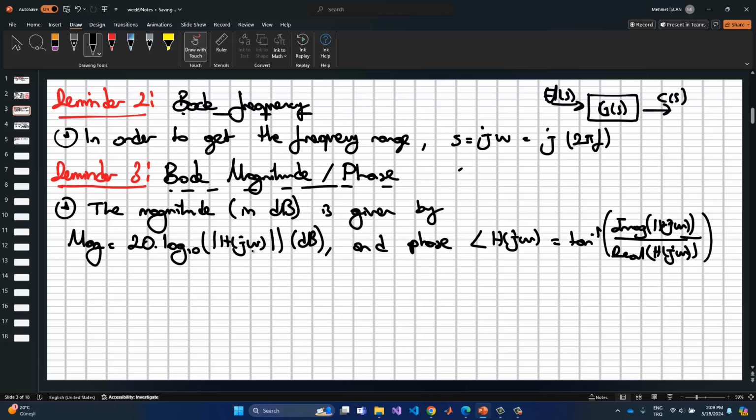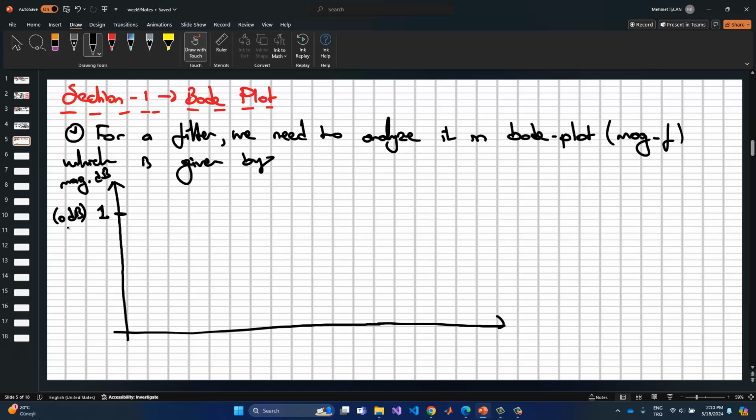If the absolute value of H(jw) equals 1, and so this energy form is 0 decibel. Okay, and so also we have the 0 values in here at the magnitude. Okay, and so this is the minus infinity dB, right? Minus infinity, and so there is no power to be transmitted to the output.